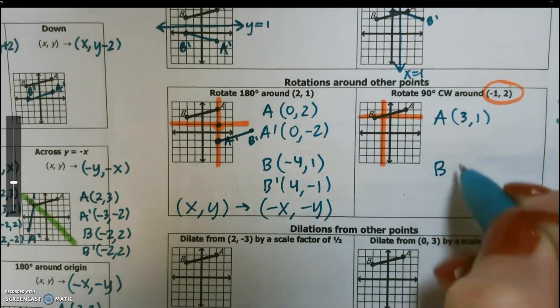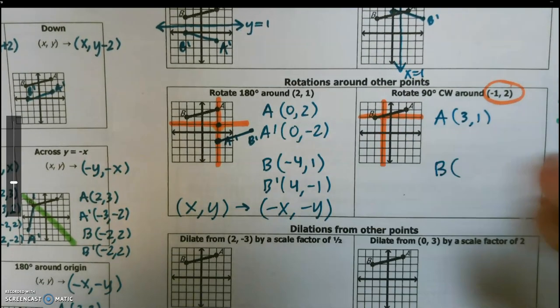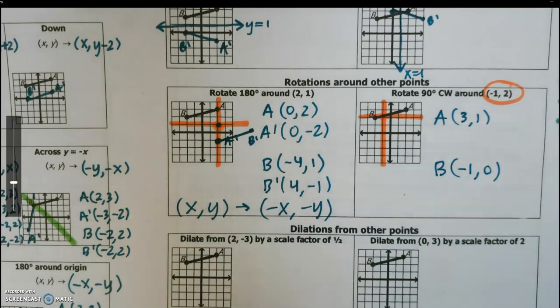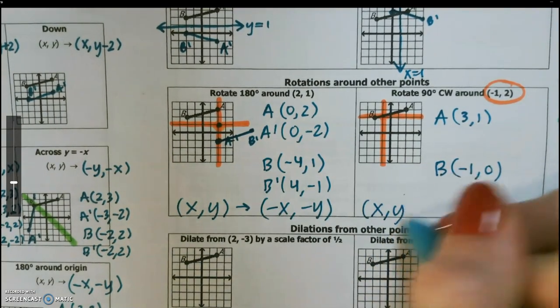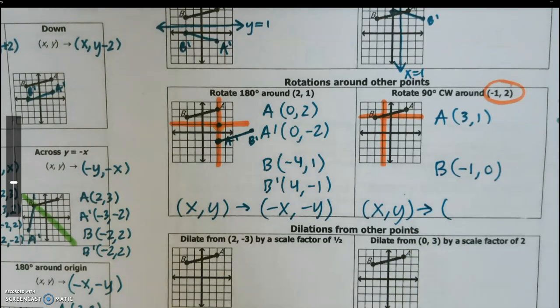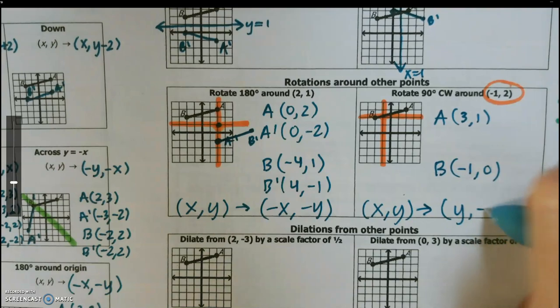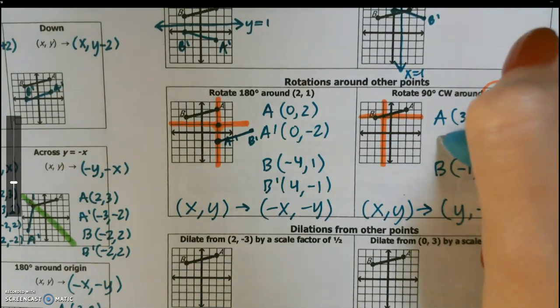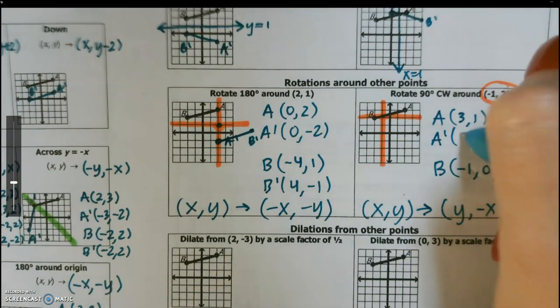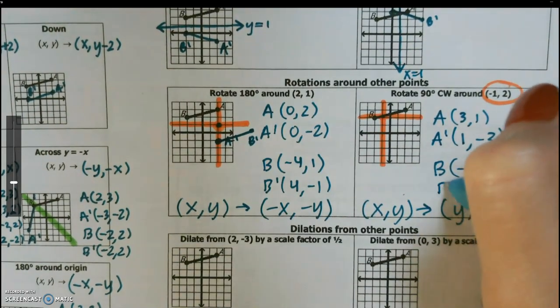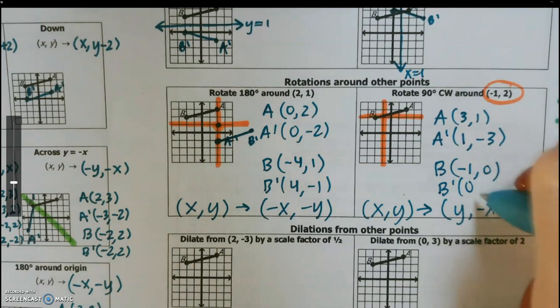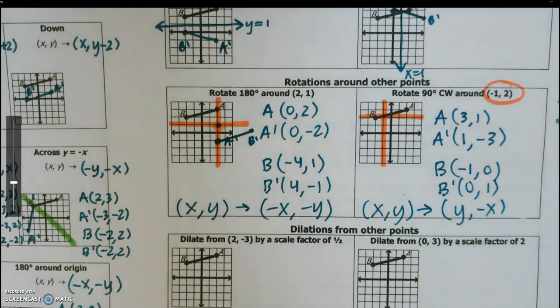And your B is at negative 1, 0. The rule for 90 degrees clockwise is x, y goes to, clockwise would be y, negative x. So let's apply the rule. Bring y to the front, x to the back, and change the sign.